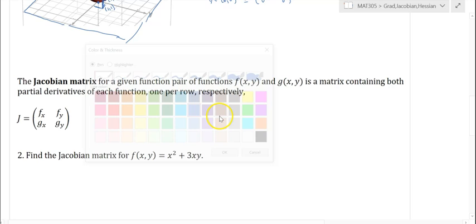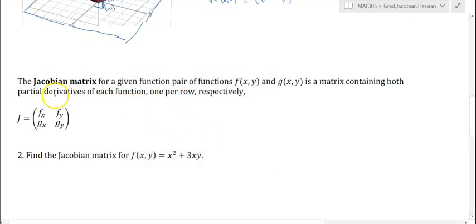Now, we also have what's called the Jacobian matrix, and the Jacobian matrix is similar to the gradient vector, except suppose you have multiple functions. In this case, we have a function f and another function g, both of which are functions of the same variable set.